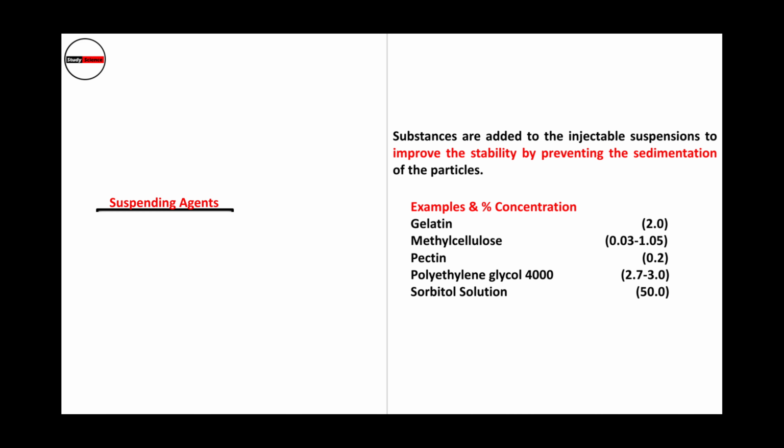Here are some examples of suspending agents. Gelatin 2%, methyl cellulose 0.03 to 1.05%, pectin 0.2%, polyethylene glycol 4000 2.7 to 3%, sorbitol solution 50%.